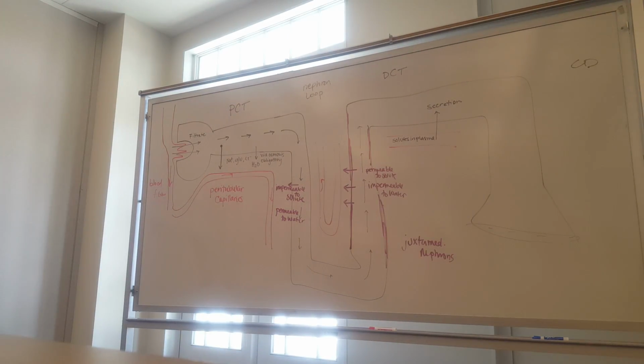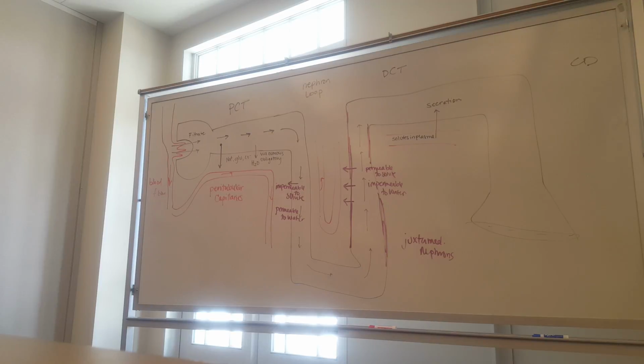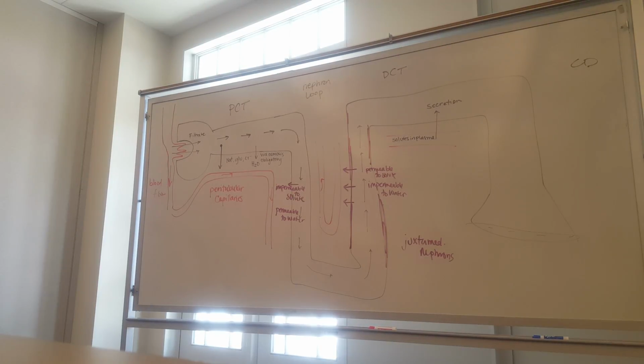All right. So first we're going to talk about what happens in the proximal tubule, and then we will make our way down to the loop of Henle and the distal convoluted tubule. Those things that are reabsorbed are the good things, the things your body wants to keep. Things like glucose, and 100% of glucose should be reabsorbed.